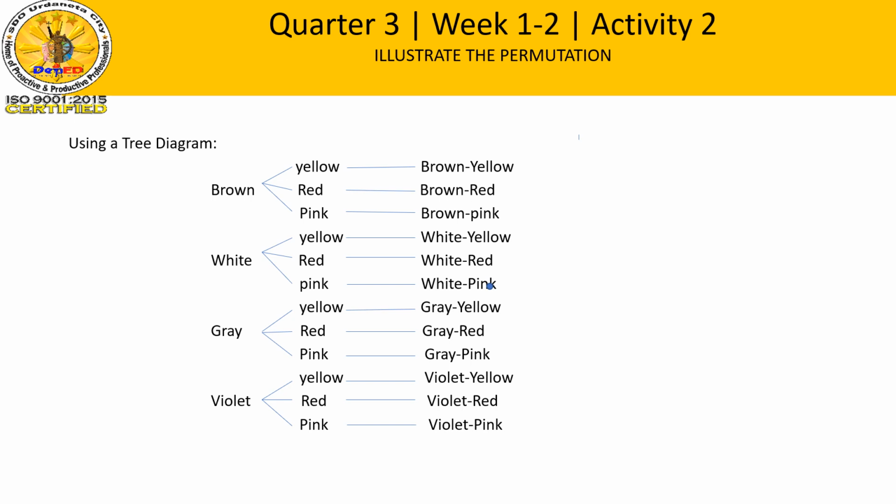So the outcomes here are brown-yellow, brown-red, brown-pink, white-yellow, white-red, white-pink, gray-yellow, gray-red, gray-pink, violet-yellow, violet-red, violet-pink. So these are the different pairs of dress that she can wear.